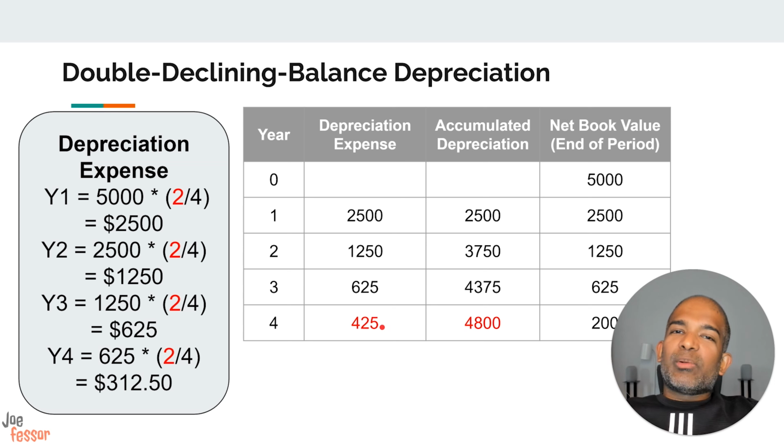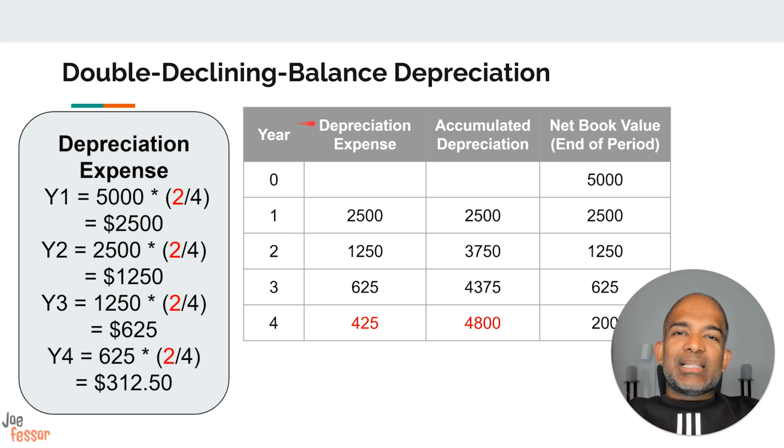How do you calculate this adjustment? You find out the depreciation expense that will lead to a residual value of $200 at the end of 4 years. In this case, a depreciation of $425 in year 4 would lead to a total accumulated depreciation of $4,800, and hence it would lead to a residual value of $200 at the end of year 4.